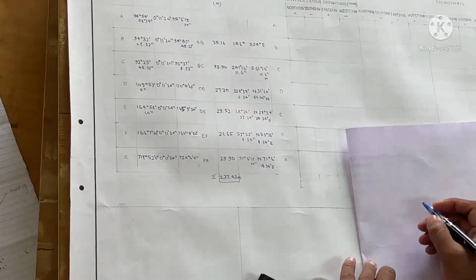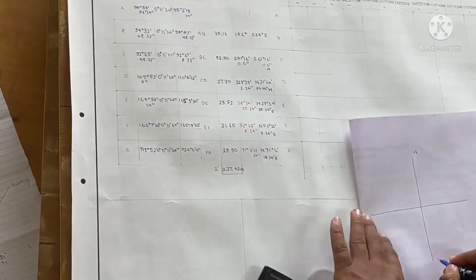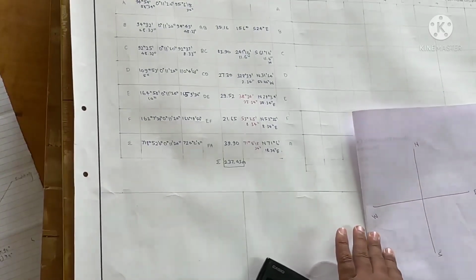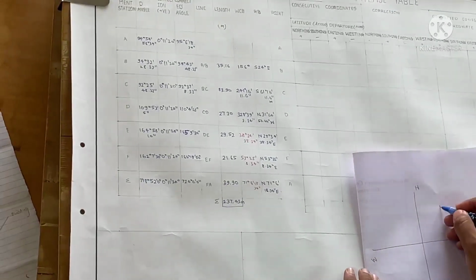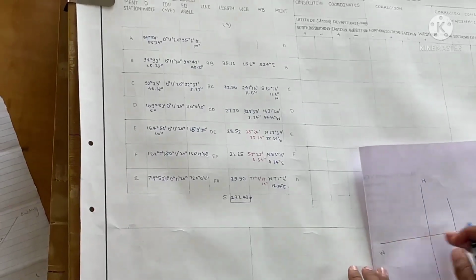So what do we mean by latitude and departure? Here you can see north, south, east, west. The distance measured parallel to the north-south direction is called latitude, and correspondingly the distance measured with respect to the east-west direction is our departure.